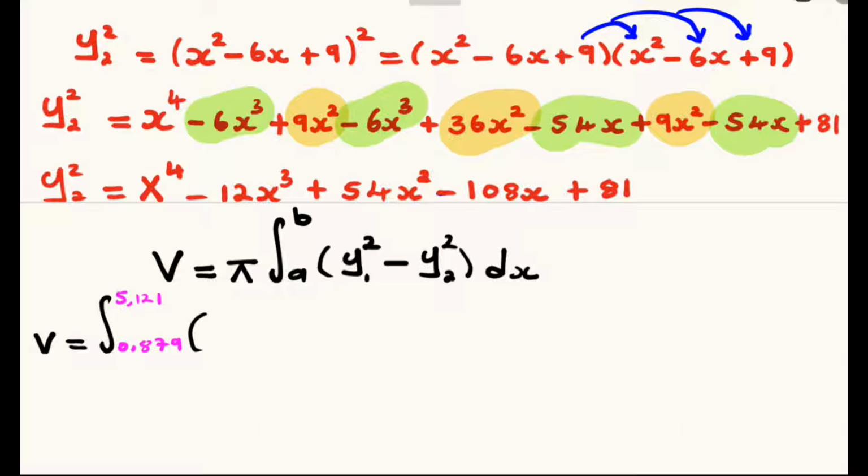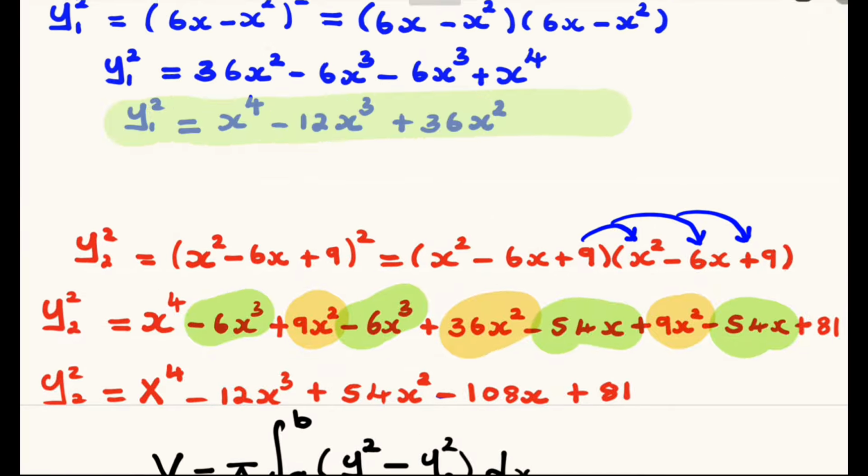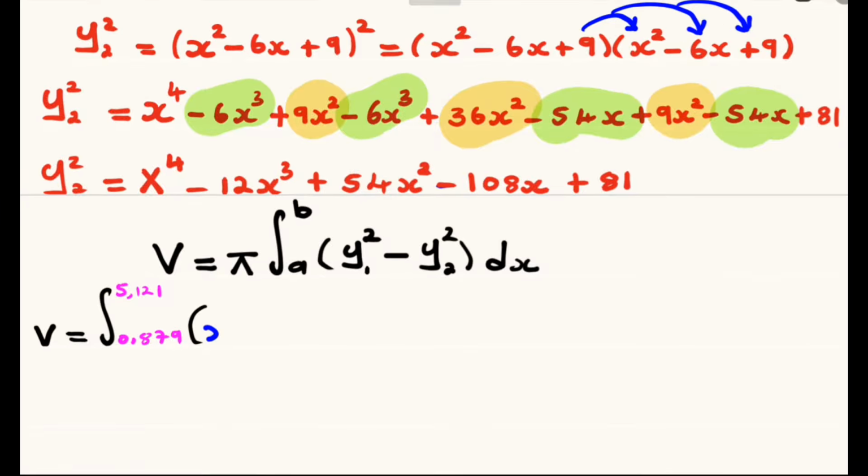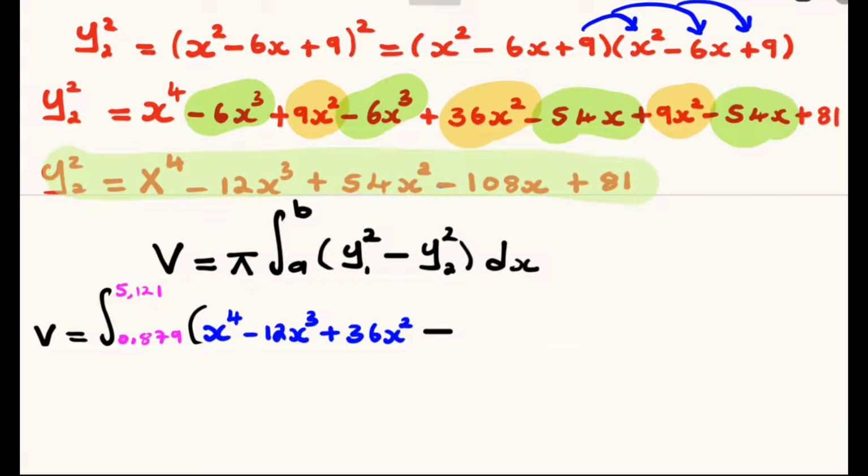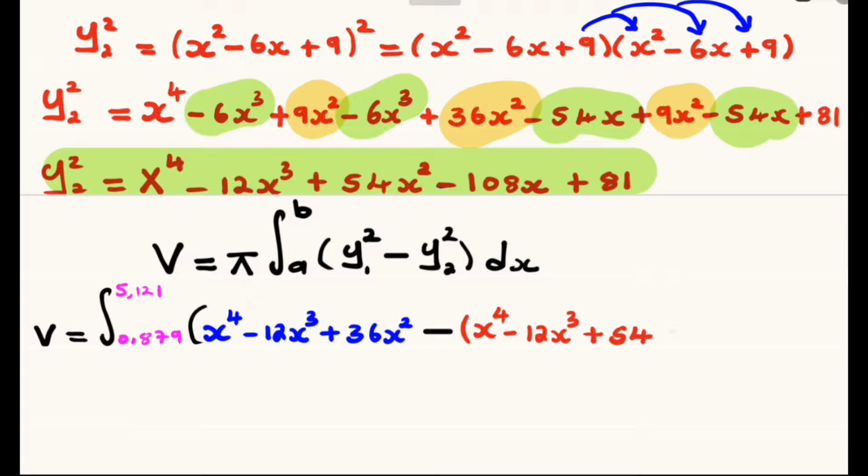The y1 squared is equal to x to the power 4 minus 12x cubed plus 36x squared, and we minus this with the y2 squared, which is x to the power 4 minus 12x cubed plus 54x squared minus 108x plus 81. And we have our dx.